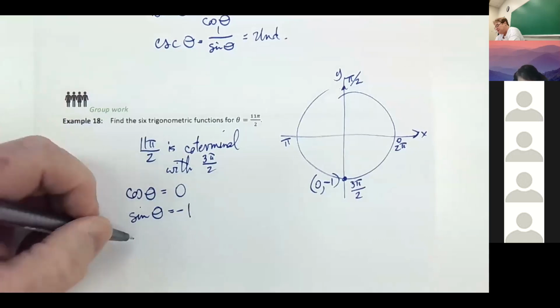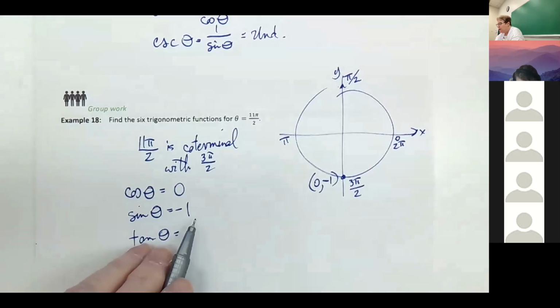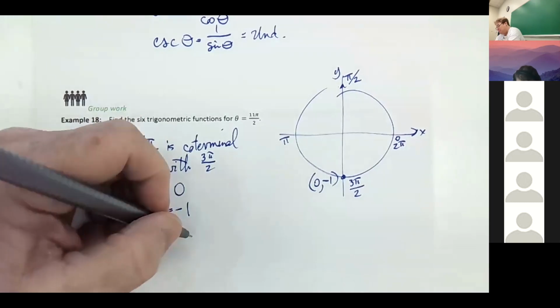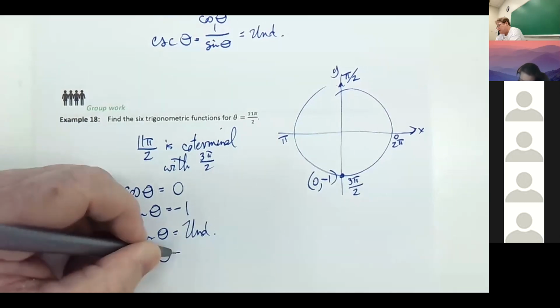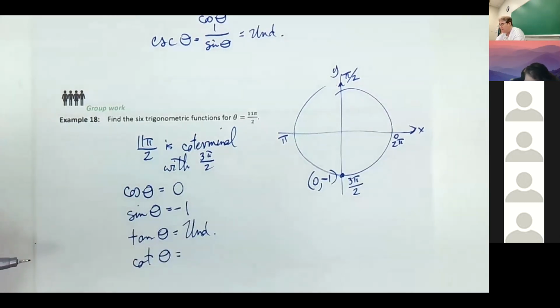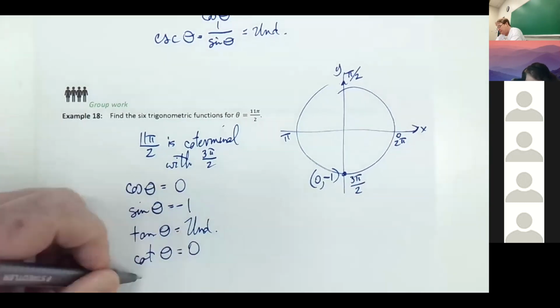Let's do the tangent. -1 over 0. Good. The cotangent is 0 over -1. Good.